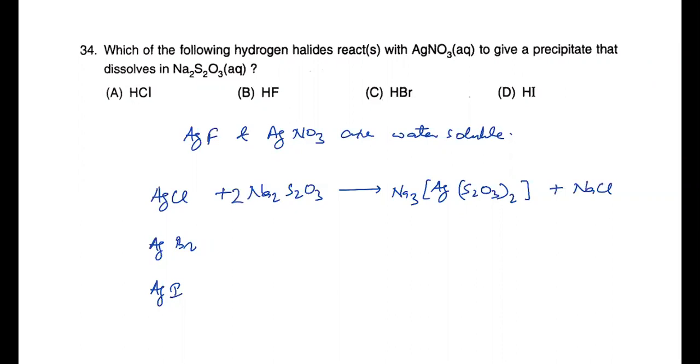And likewise, other compounds will also form similar complexes, so they will be soluble. That means your answer must be A, C, and D. Okay. The main concept of this question was that silver fluoride is water soluble, and likewise AgBr and AgCl will also be soluble in thiosulfate.